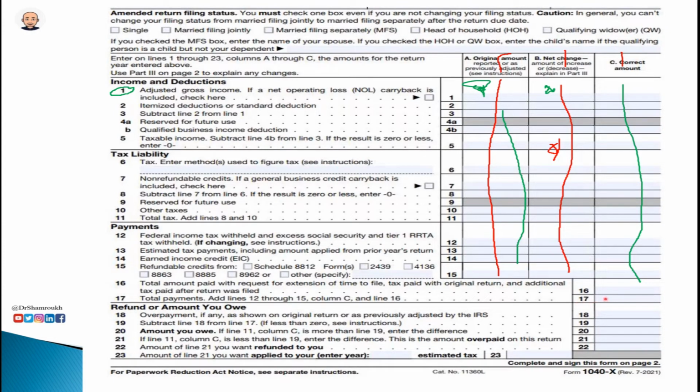For question 17, you need to add the numbers from lines 12, 13, 14, 15, and 16 and put the total in 17. As a reminder, we are dealing now only with column C. We have nothing to do with the other columns here.